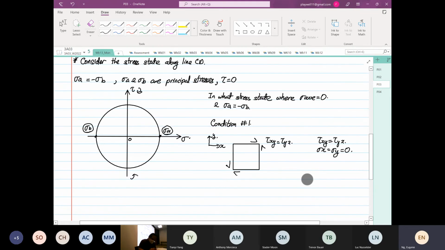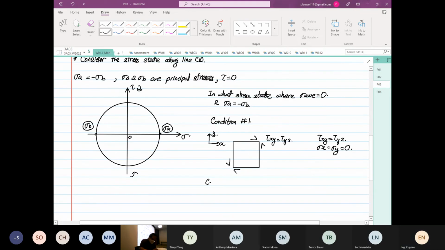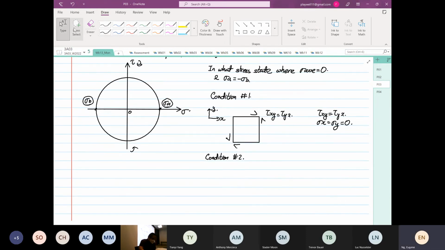And then we have condition number 2, where we have a situation with the same element, and we have our normal stress at our yield, or not necessarily at our yield.